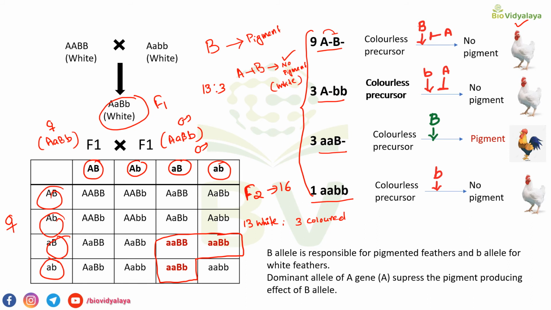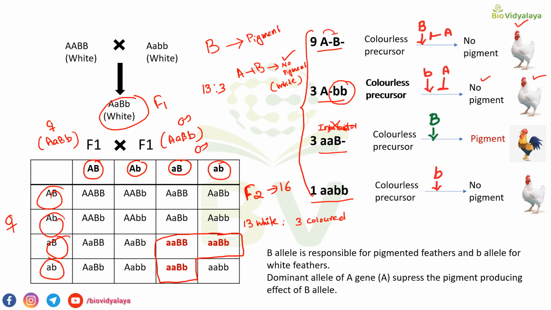Here in this second genotype you can see that there is no dominant form of the gene B. If there is no dominant form of gene B, there is no pigment production. So white color. Here in this third genotype you can see that there is no dominant form of the gene A. That means there is no inhibitor.